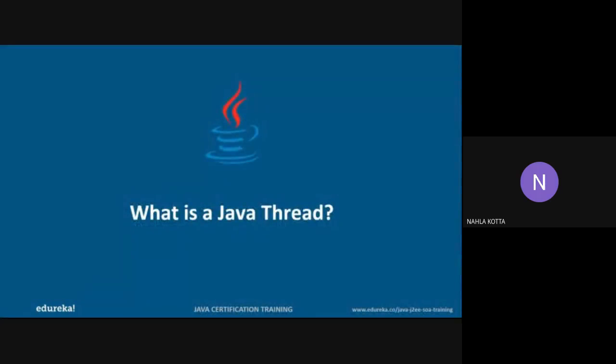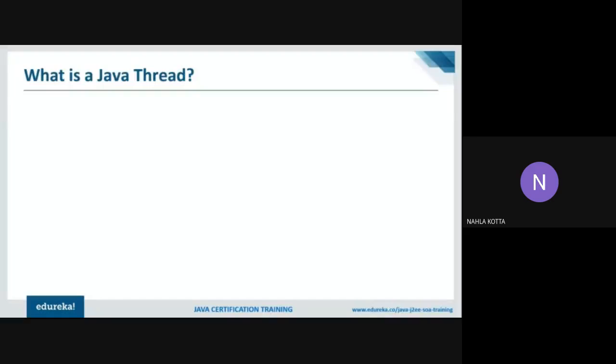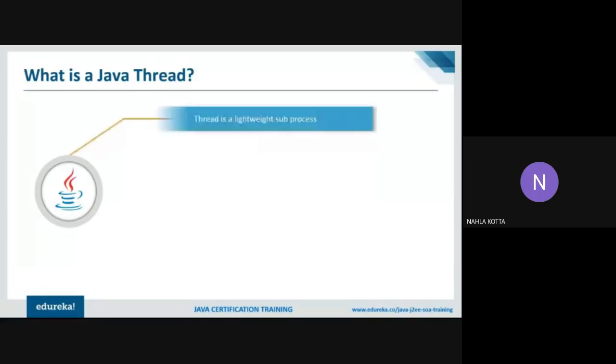So to begin with, what is a Java thread? A Java thread is a lightweight sub-process. In an application, we have one main thread. When our application is running, the operating system is going to create one process. In the same way, the Java virtual machine will take care of your Java applications. So a process would be created and every process will have a main thread.